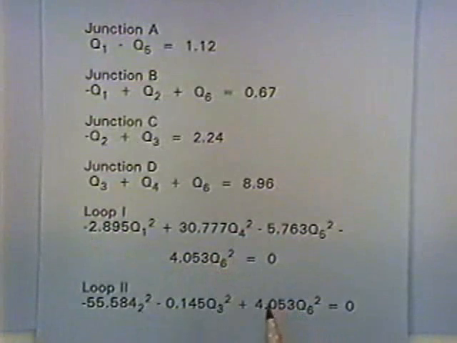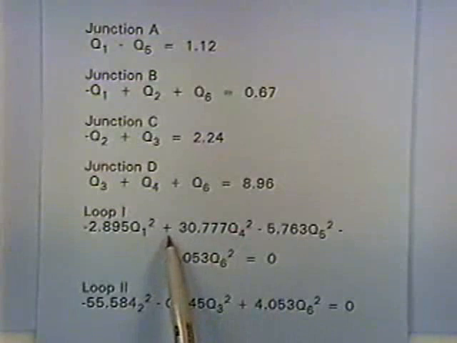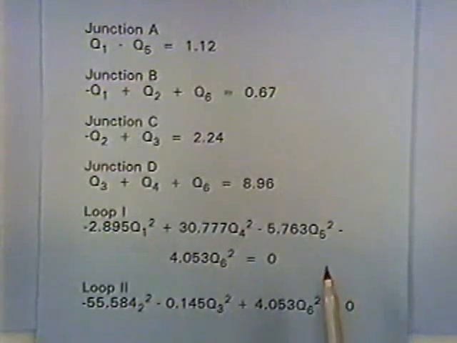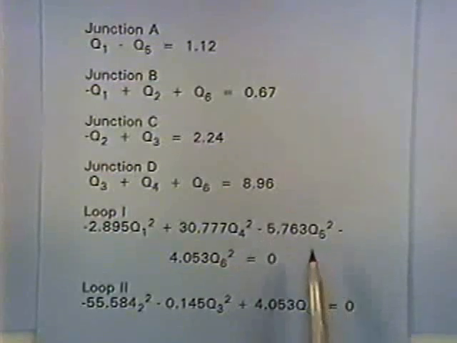Well, let's see, I did pipe 4 next. Pipe 4 is in the loop, and it has a K of 30.77 times discharge in pipe 4 squared, and that's going in a clockwise direction, so I'm going to call it positive. Pipe 5 is in the loop. The flow direction is counterclockwise, I'll call it negative.